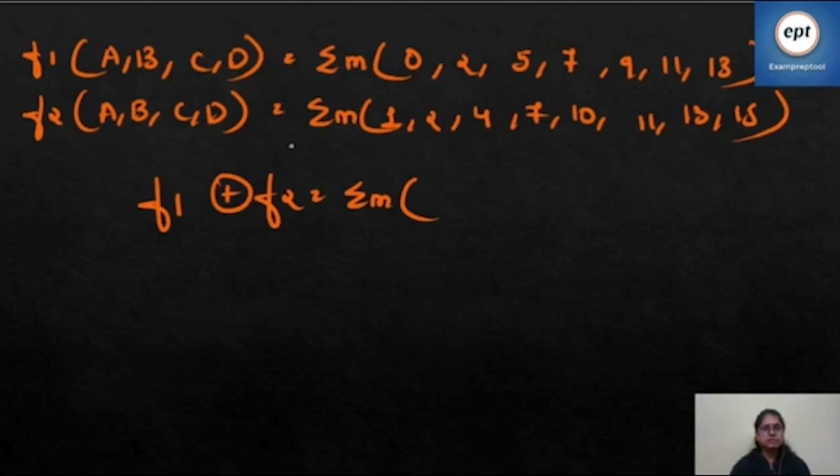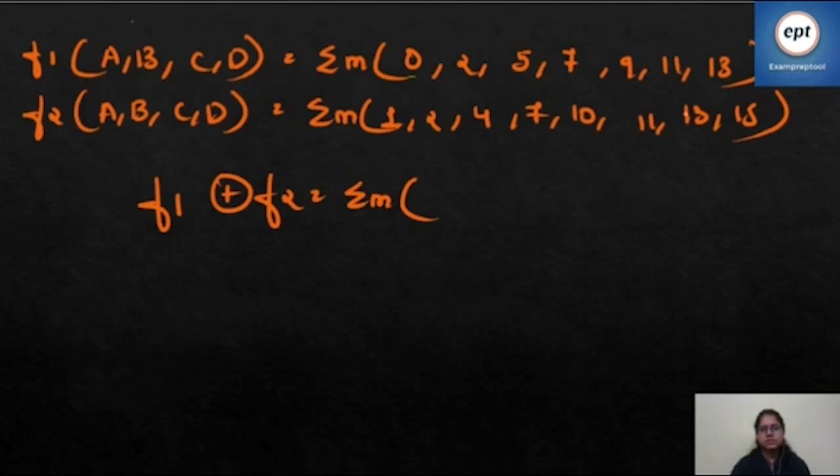Whatever values in these two are common, you should not take in the min term, and the ones which are not common, you have to take. Let's suppose 2 and 2 is common, so you will not take it in XOR. You will not consider it in the min term. Okay, so let's check.